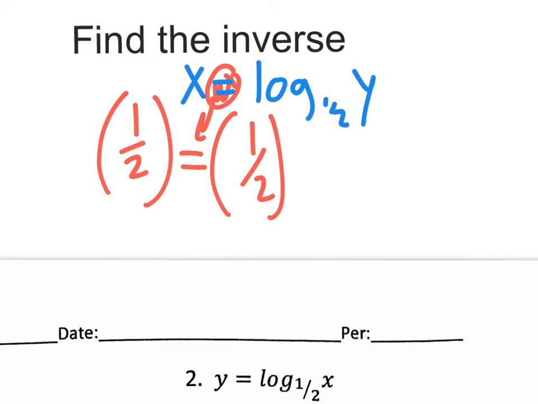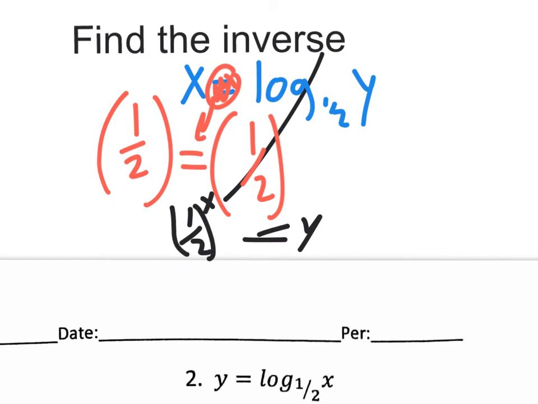So it's no longer up here. What does this really say now? It says 1/2 to the x power equals 1/2 to the log base 1/2 of y. And the 1/2 to the log base 1/2 cancels out, and you'll get y equals 1/2 to the x power. Okay? Do we understand that?